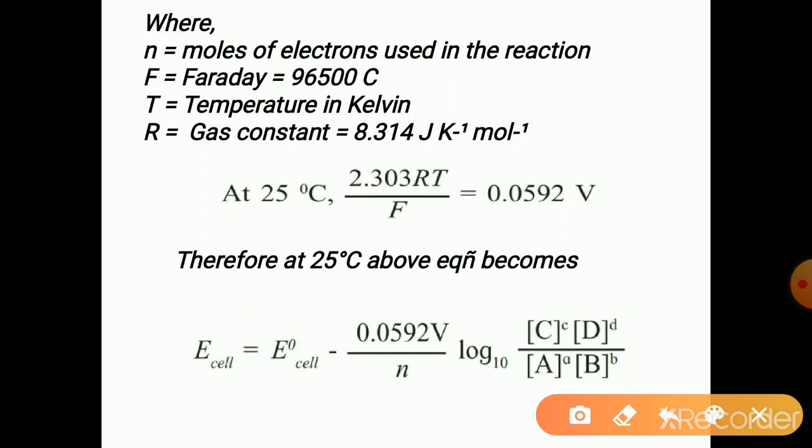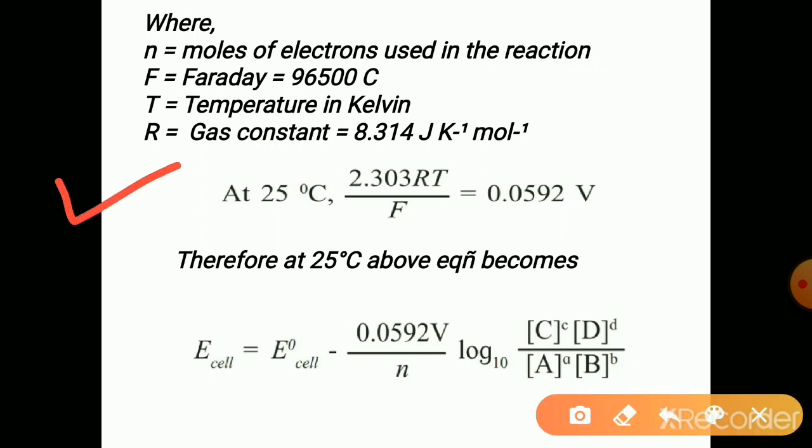Here all these parameters are given. N is the number of moles of electrons used in the cell reaction. F is the Faraday, 96500 coulombs. T is the temperature in Kelvin. R is the gas constant, with the value 8.314 joules per Kelvin per mole.